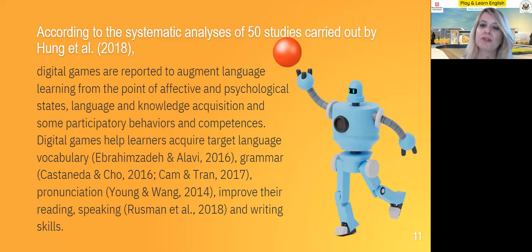Also, when learning a language, digital games help learners with vocabulary improvement, contribute to grammar learning, pronunciation, and also language skills as well.